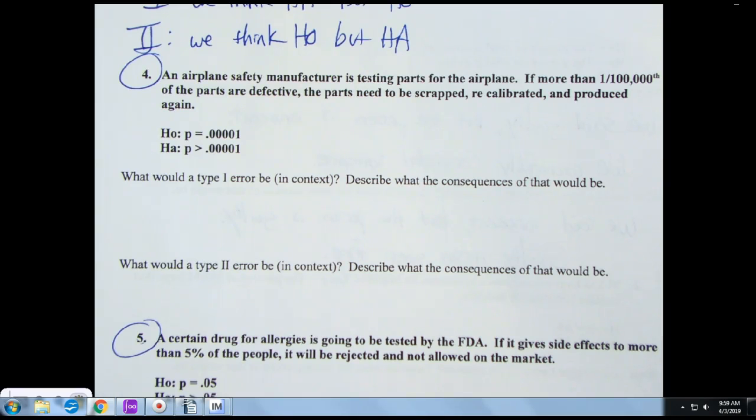So when we think that the defective parts were more than 100,000, but they actually weren't, would you say P was actually equal? No, you can't say that, because it could be less than. You'd say we thought there were more parts defective than there should have been, but there actually weren't.